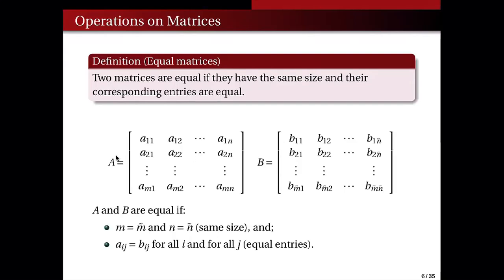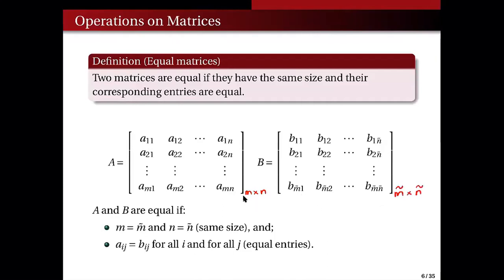For example, you have here matrix A, you have here matrix B. So the size of A here, you see you have m rows and n columns. So the size is m by n. On the other hand, for the matrix B, you have m tilde rows and then n tilde columns. So the size of this matrix B is m tilde by n tilde.